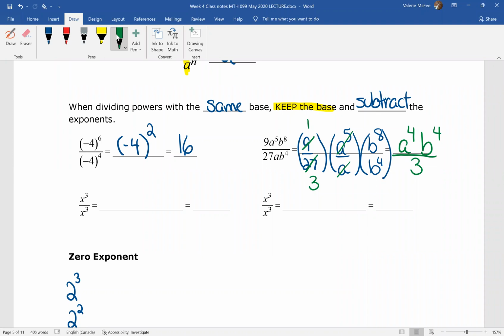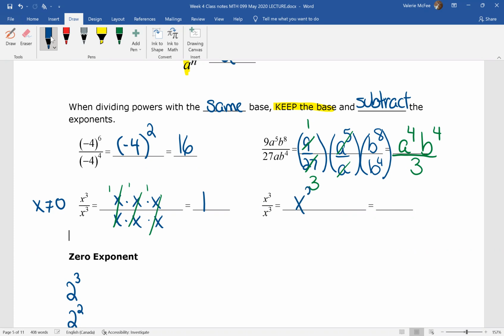Now I wanted to look at x cubed divided by x cubed in 2 different ways. First of all, we said if we multiply this out as repeated multiplication, I can see that my x's all divide out. And I'm left with 1 times 1 times 1, or 1. Because of course we know as long as x does not equal 0, a number divided by itself is always equal to 1. But let's use that exponent law we were just talking about.